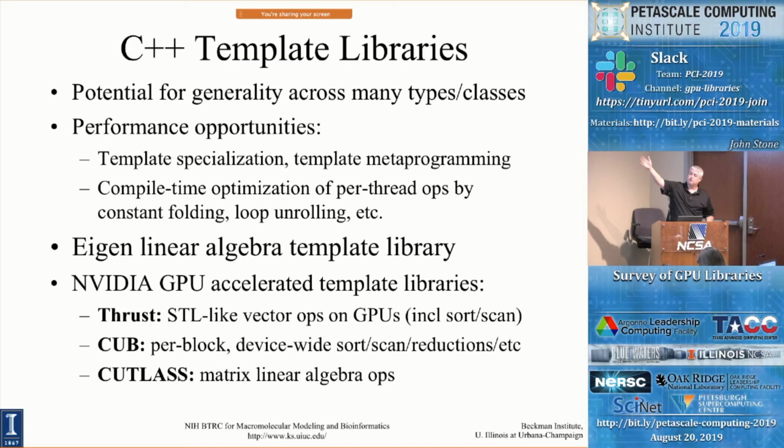This is used to good effect in template libraries, like, of course, a famous one with C++ is STL. Lots of things use STL, but STL is sort of normal computing. Maybe a more numerical example is Eigen, which is a linear algebra library. NVIDIA has several different template libraries that I'm pretty fond of. One of the things that I like about those in particular is they're header only, so I don't have to compile and link in yet another library, so my link line doesn't have 300 libraries on it.